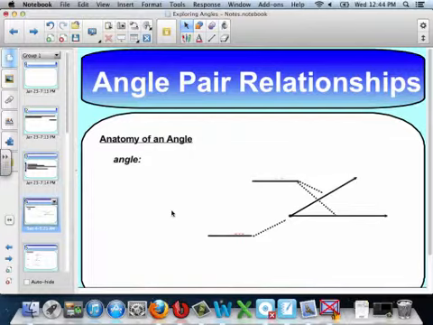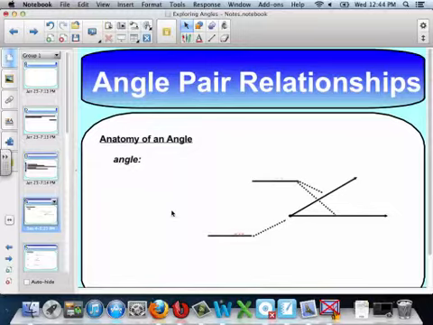Okay. So this is an angle. Guys, what is the definition of an angle? How do you create an angle? No, not 2 lines. 2 segments. It is at least 2 rays.